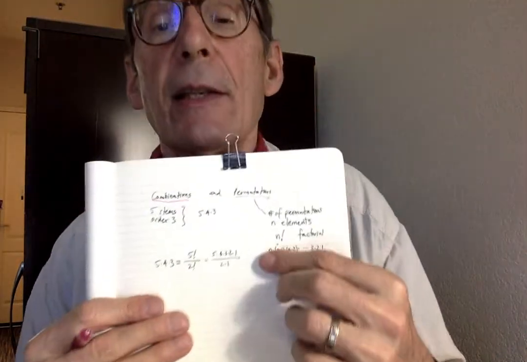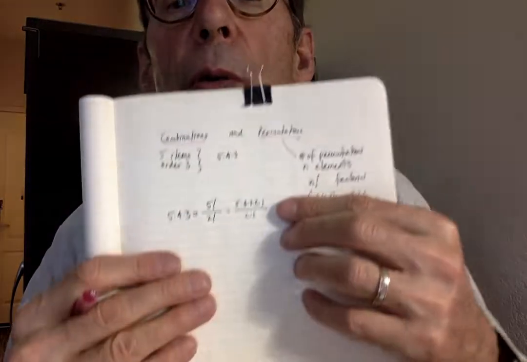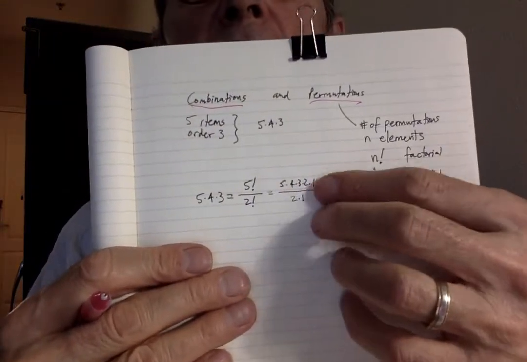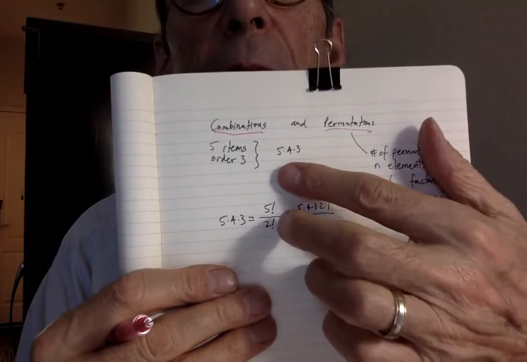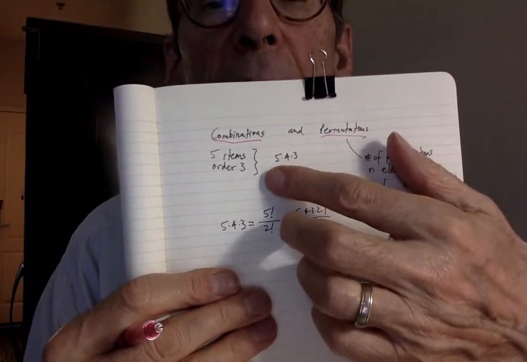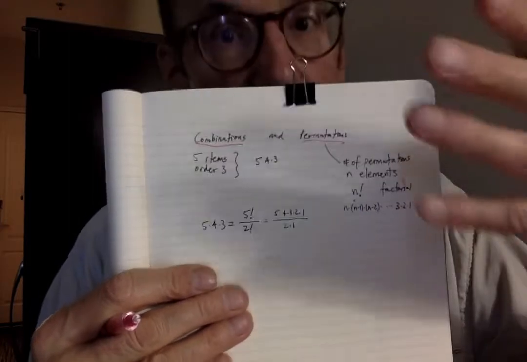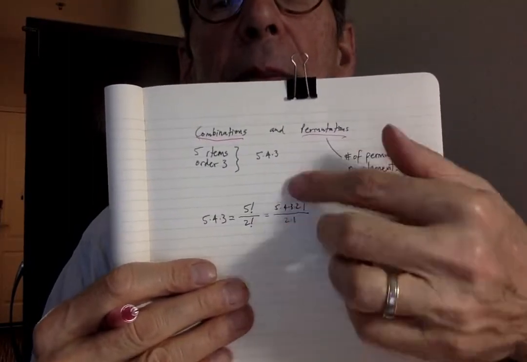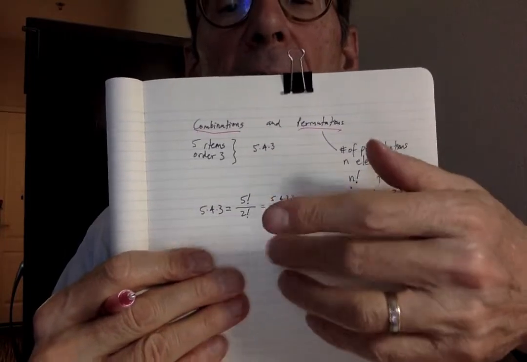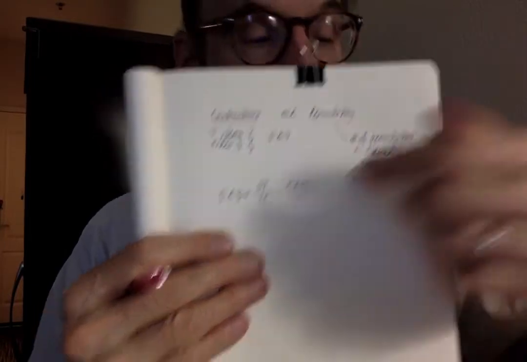And what happens here is that you get this cancellation. So the 1's cancel and the 2's cancel, and you're left with the 5 times 4 times 3. So what's happened is you've started down this path, 5 times 4 times 3 times 2, and you truncate it, and the easy way to express that mathematically is to divide out by what you've cut off.